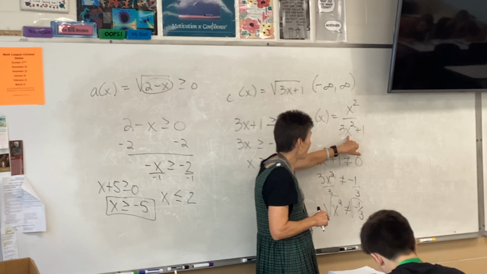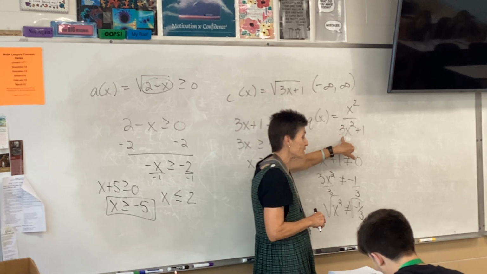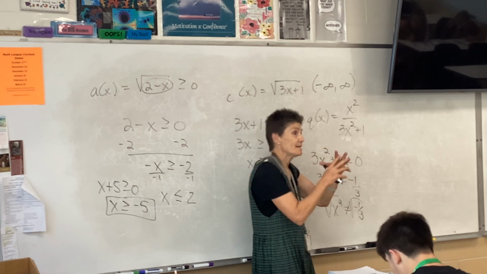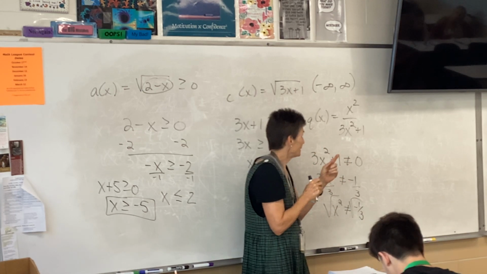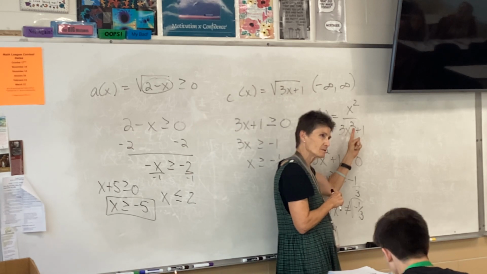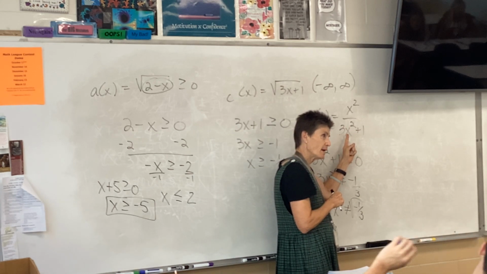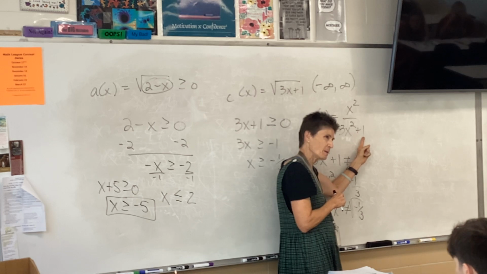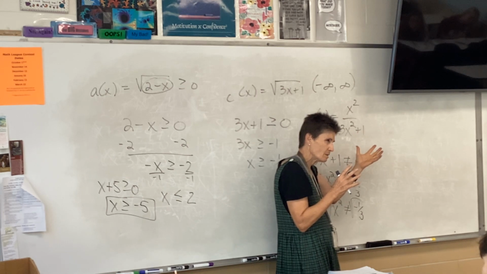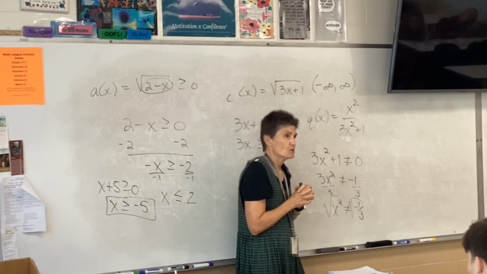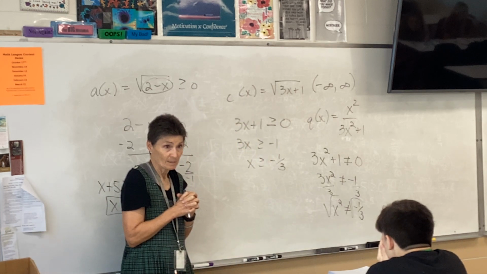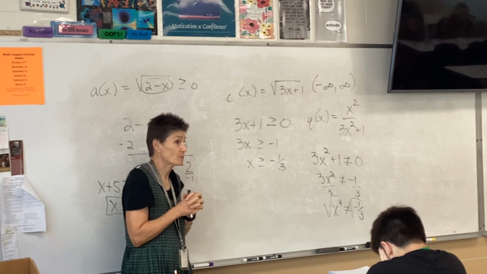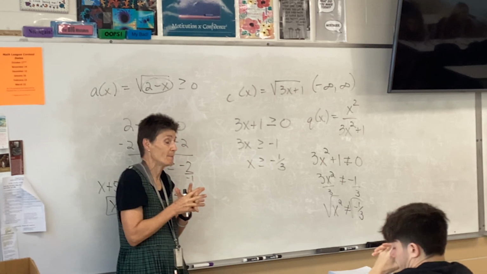If you square, multiply by 3, and add 1, is that ever going to give you a 0? Think about it. Isn't this going to be positive? And what happens when you take a positive plus a positive? Do you get 0? Never. So even though that problem has a fraction, there are no domain issues because nothing will make the denominator 0.